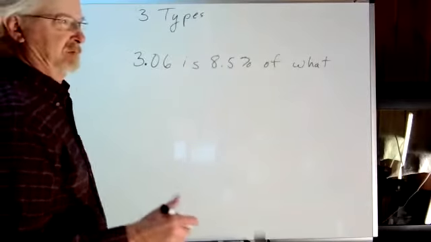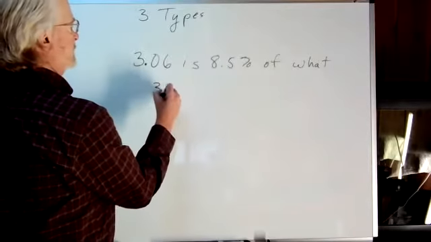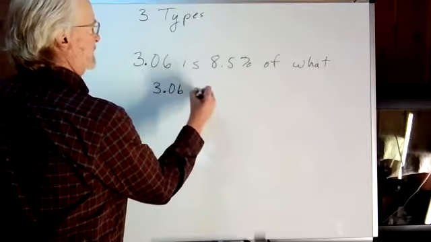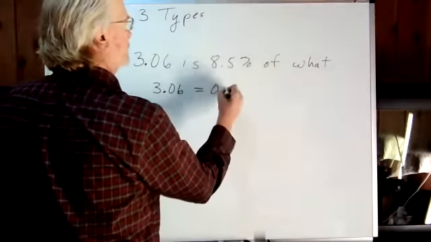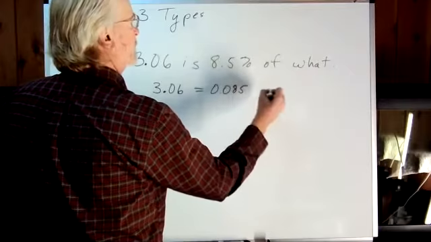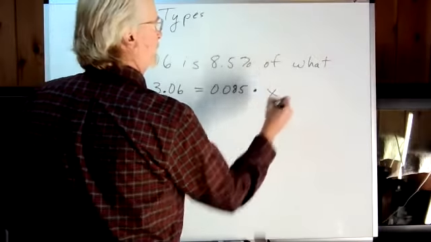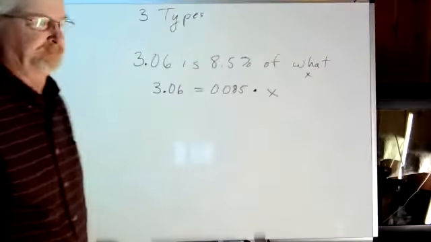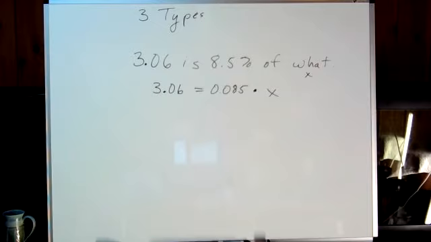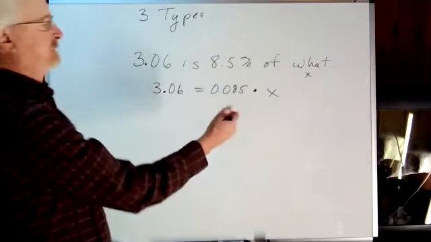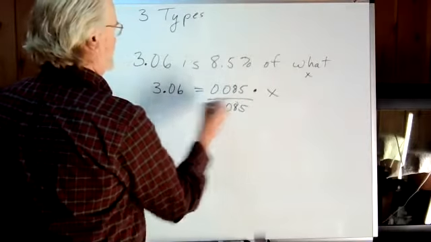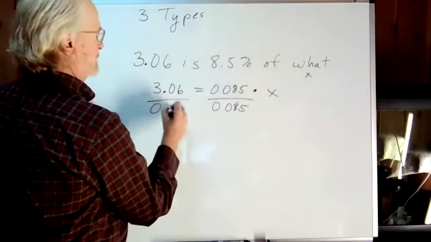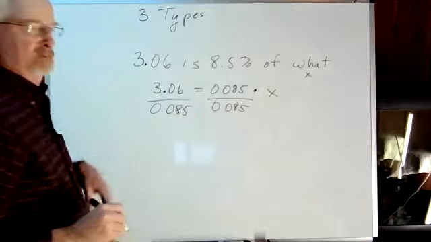Translating, what I'm trying to get at here, right? 3.06 is, convert the decimal, move it over to two places, and there's what we're looking for. Again, like that last one, to get the x value alone, we're going to divide by this decimal we put in there. See what we come up with.